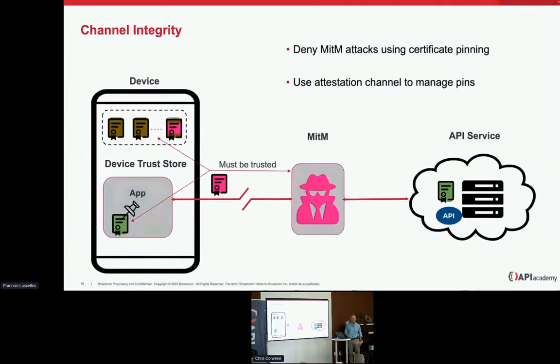You can go in there and generate new certificates and inject them into the system. Rolls out as each device attempts to attest, it's going to get the updated certificate pinning information. So it's a nice advantage of having this in place in that it solves a lot of the maintenance issues, which frankly have stopped quite a few people from actually implementing certificate pinning because they're scared to death they're going to brick their app.